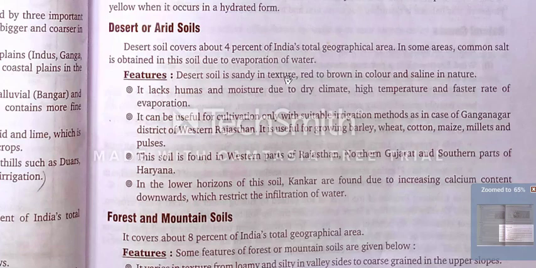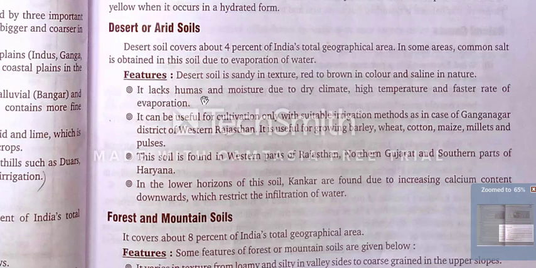Its structure, its design, it looks like sand, and in color, it's red or red to brown, and saline in nature. Saline means salty, we can say. Salty in nature. Got it?